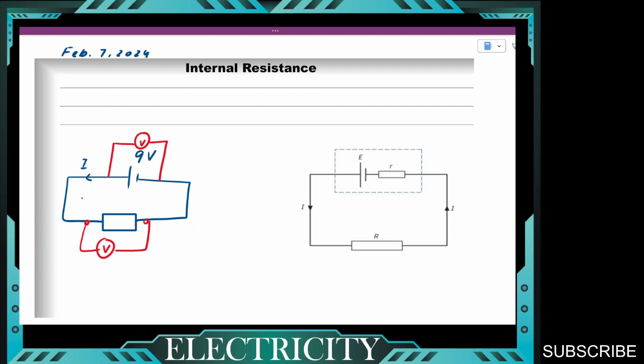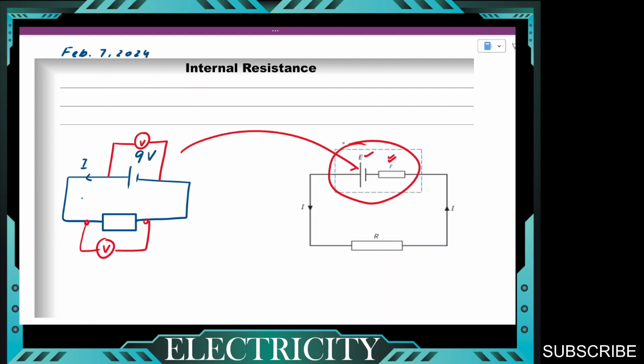Because the simplest reason is that the battery itself has a resistance, and some of the voltage out of 9 volts would be dropped across that resistance, which is the resistance of the very battery itself, which I've shown over here. This is the battery, this is the cell, and the internal resistance of the cell is shown over here and labeled as small r. Now this thing completes the battery.